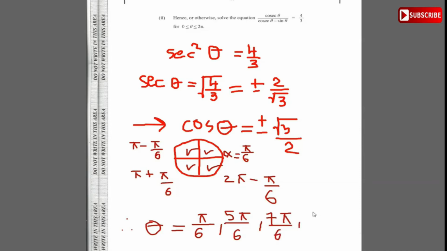So those are all the possible values for theta. Nice and easy. Easy question. Lovely.